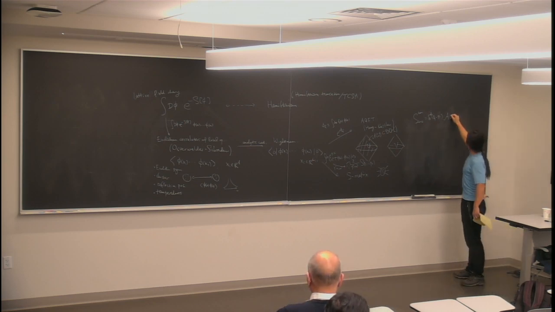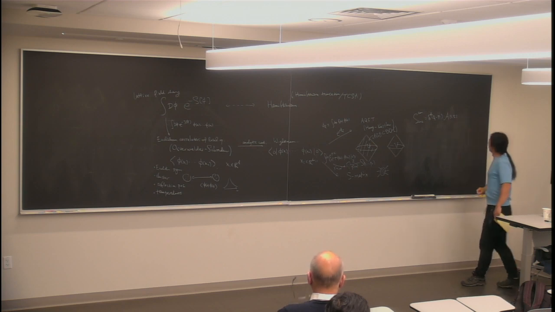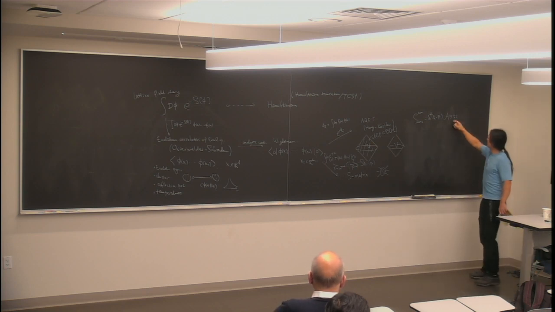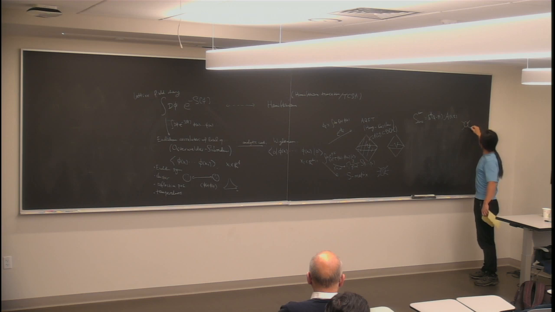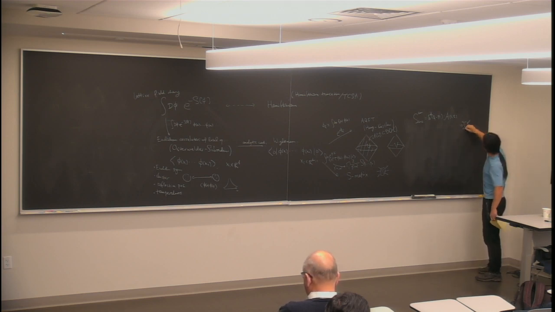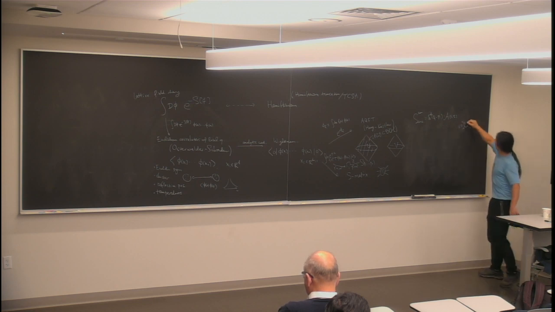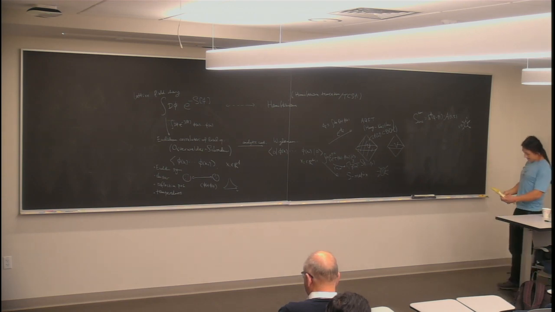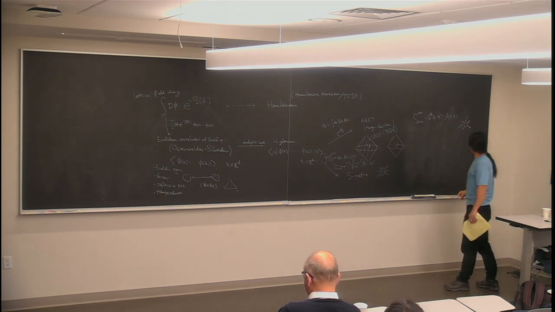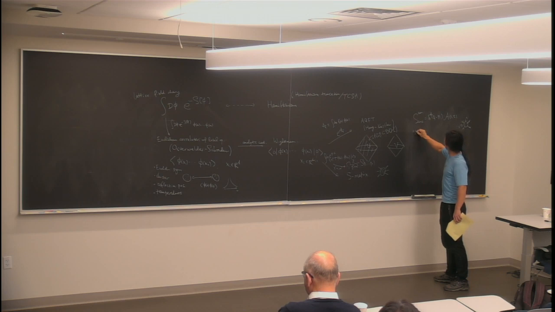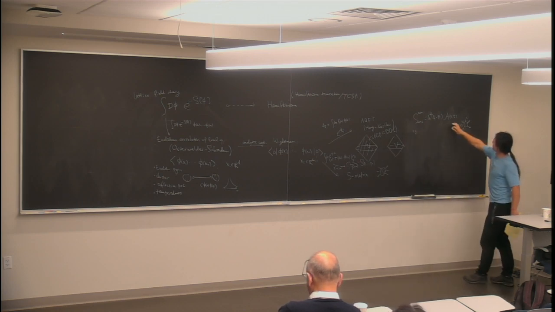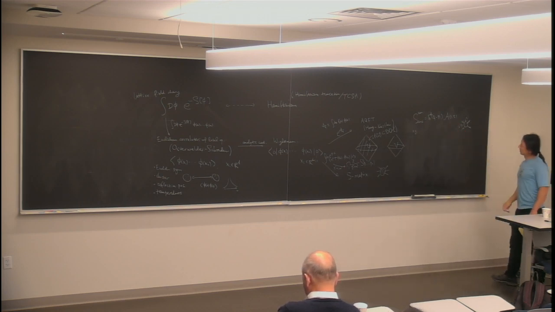This amplitude will be a function of the Mandelstam variables s and t, where s is the total center of mass energy squared of the 2 particles coming in or going out, and t is the momentum transfer squared. Now these things have some non-trivial analytic properties that can be argued on general grounds.